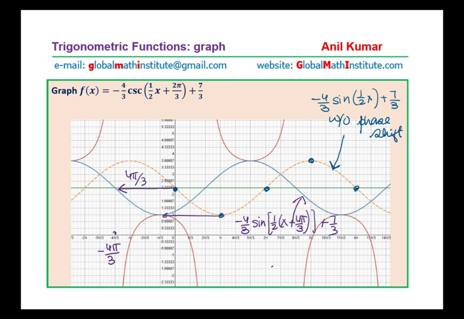Now to get the cosecant function, we first drew the vertical asymptotes, correct? You see that? Wherever the blue graph cuts the axis, we have the vertical asymptotes. Neat. And then we flipped the sine graph at the common points to get the cosecant.